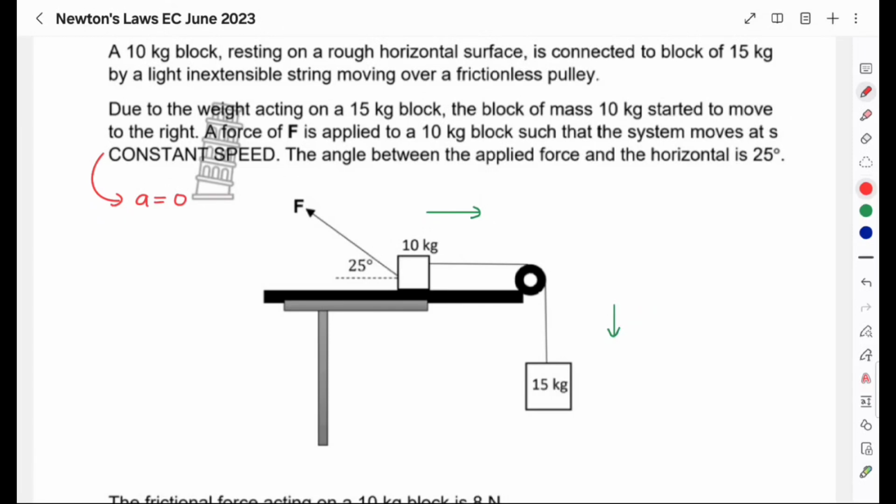So don't just assume right and up as positive. Look at the direction of motion. The object is moving to the right and down. So I'm going to take with the direction of motion as positive. So my right will be positive and my down will be positive, meaning left and up will be negative.